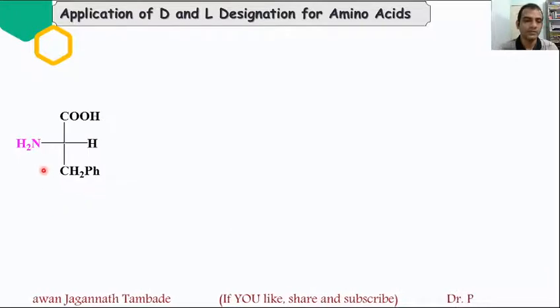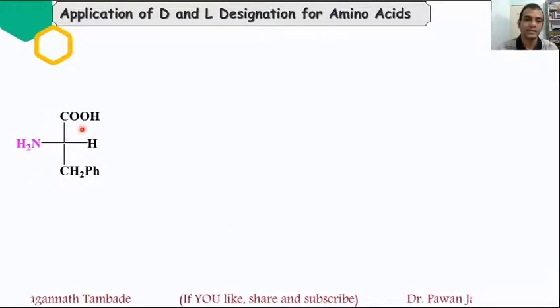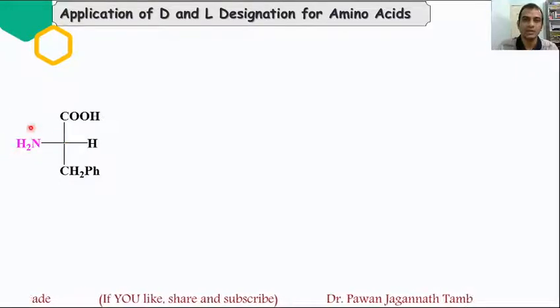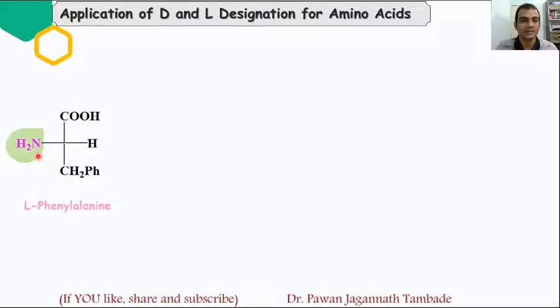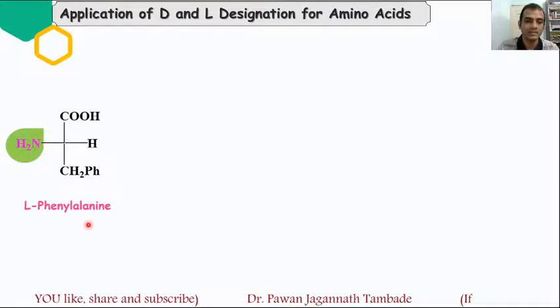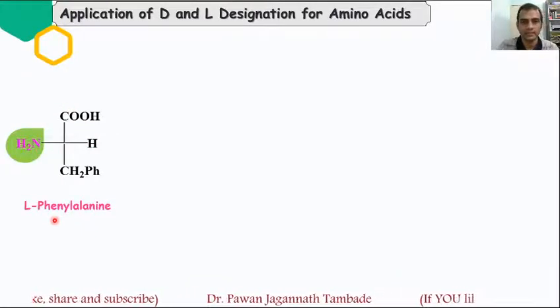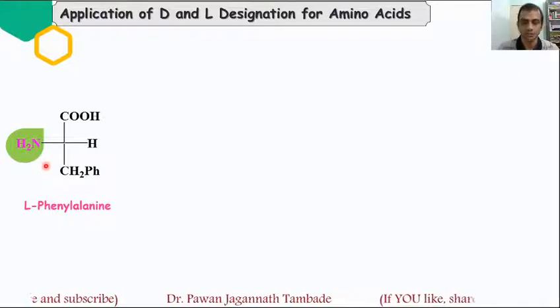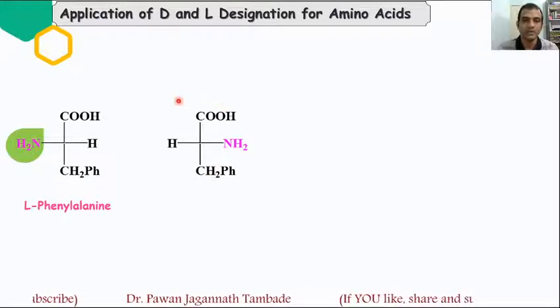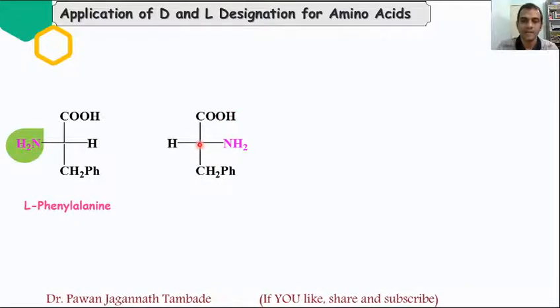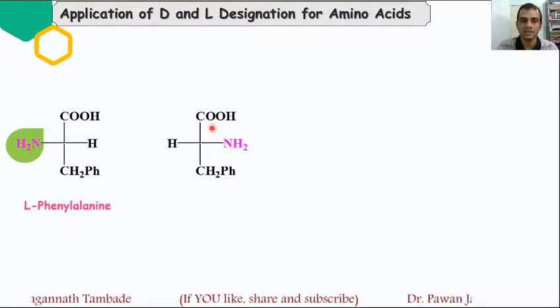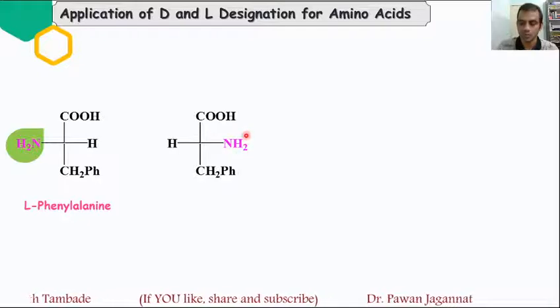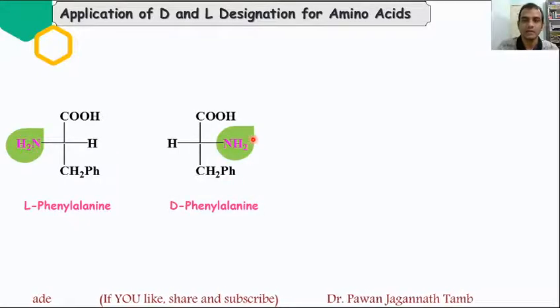If we look at this structure of phenylalanine, this is the chiral center, and NH2 is present on the left hand side, and because of that, this molecule is named L-phenylalanine. The same way, this is again a phenylalanine. This is the chiral center, and on this chiral center, the NH2 is present on the right hand side, and because of the position of this NH2, it is called D-phenylalanine.